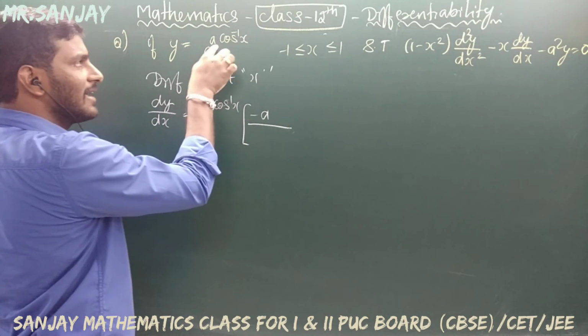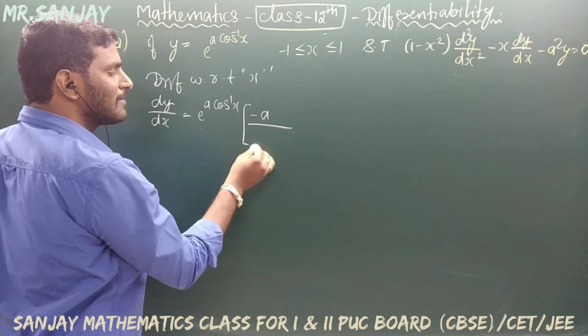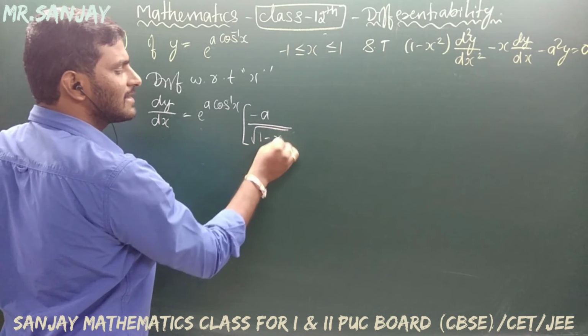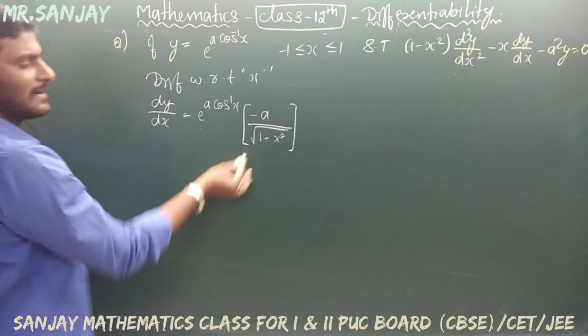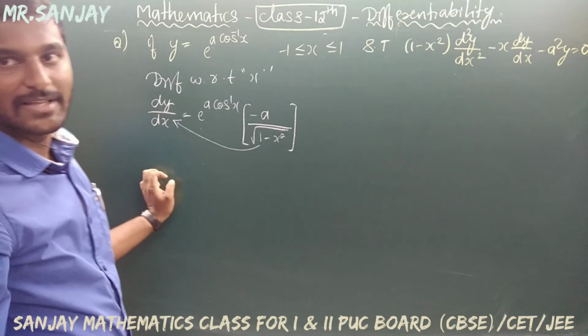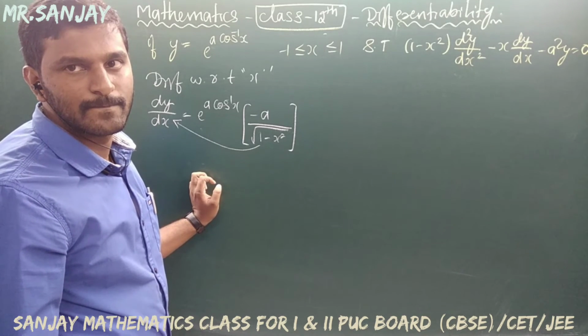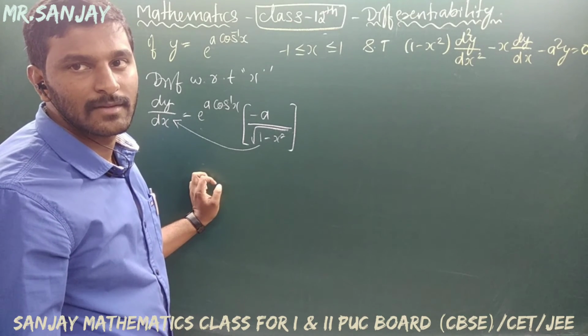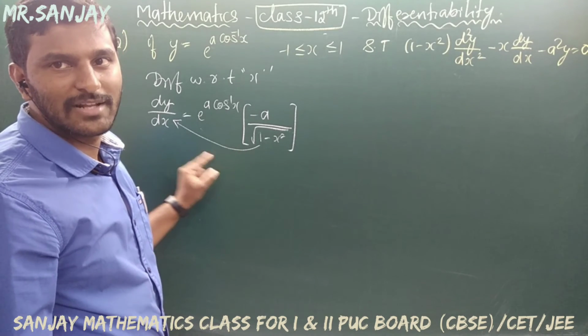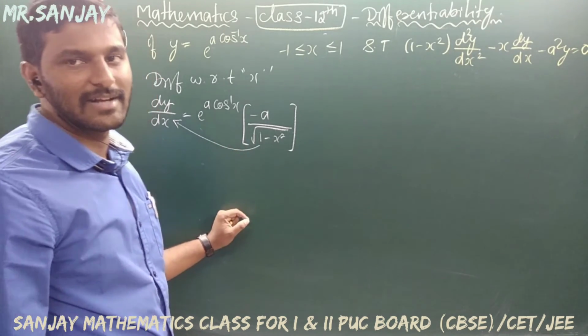A is constant. A into -1 divided by root 1 minus x square. But take the denominator to the left side here, otherwise you are not getting the answer. Take the denominator to the left side and remove the root. After that differentiate it. You will get the answer.